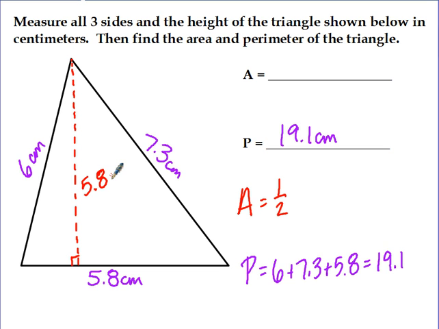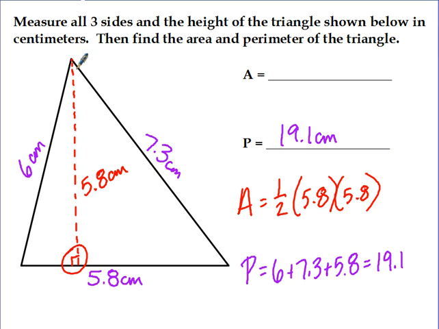So if that's the height I'm using, then my base and height would both be 5.8. But let's say you started here and drew your line this way. Well, then that would be your height, whatever that measurement is, but 7.3 would be your base.